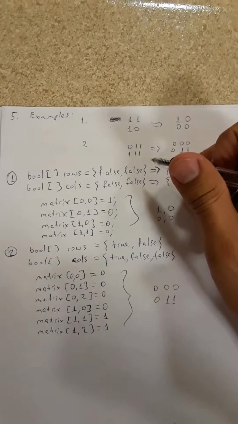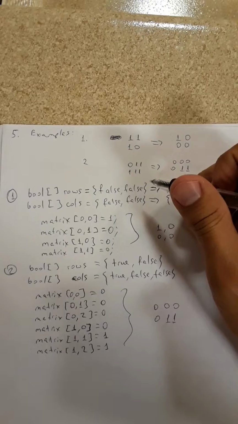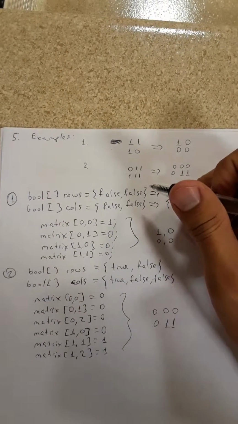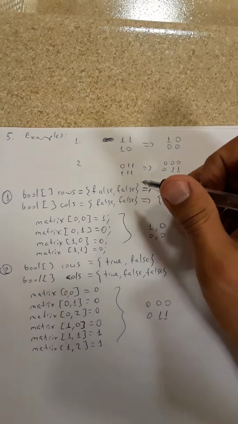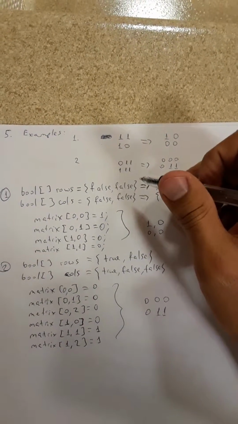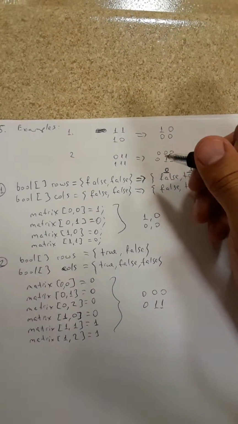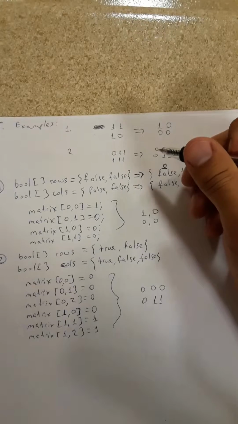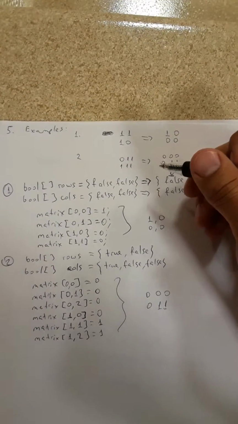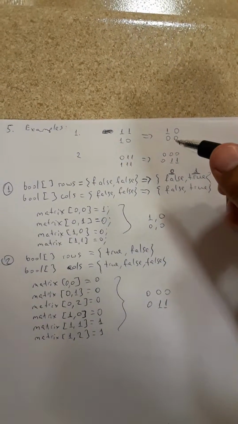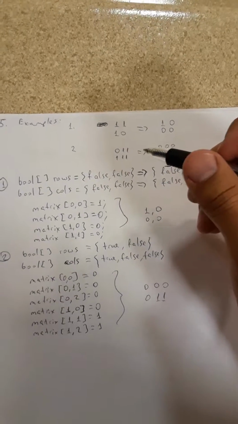The problem is that we have to write an algorithm and find the element which is equal to 0, and when we find the 0, we need to change all elements in that row and column to 0.